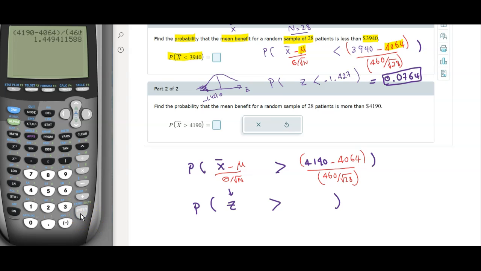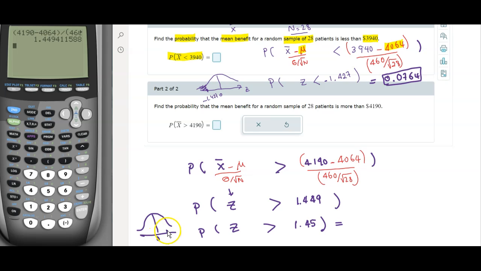So it comes to 1.449. We need two decimals here, because the table has only two decimals. So we round 1.449 to 1.45.